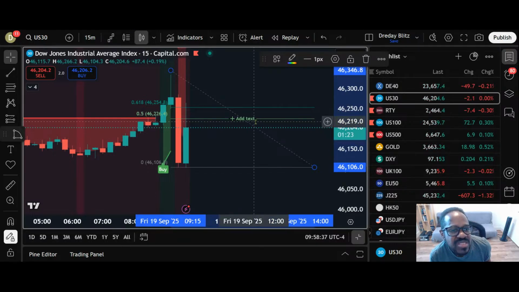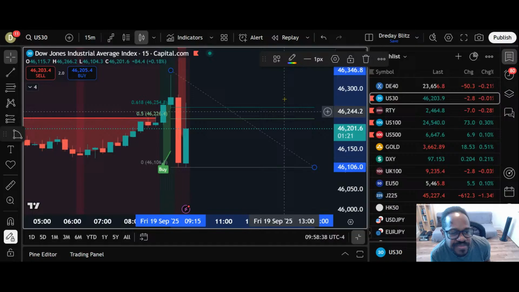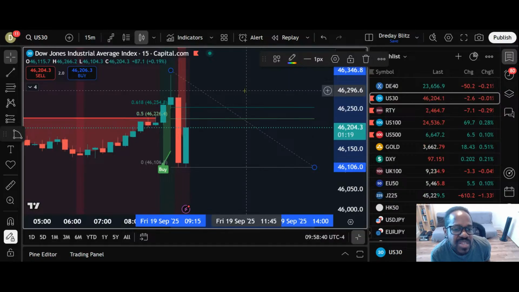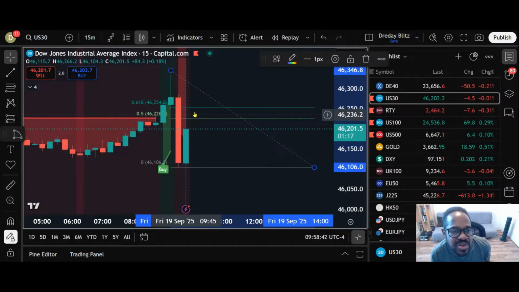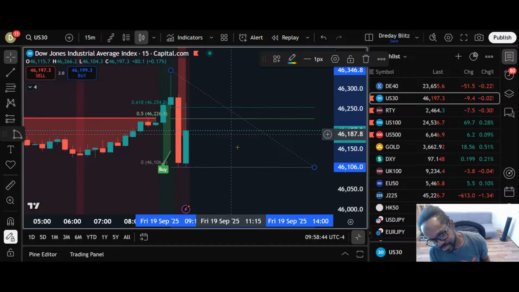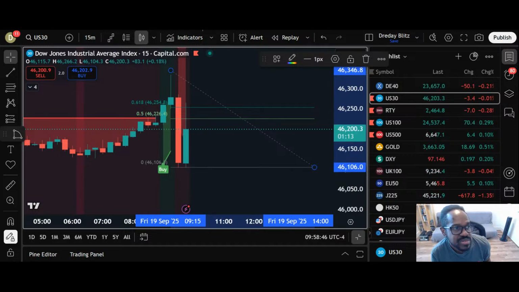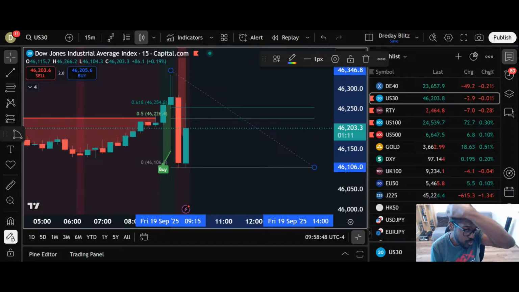So this is the swing high to swing low. And as you can see, it's struggling here to break out of that 61.8. So US30 and the Russell 2000, if you're trading New York with those indices, they're most likely moving the same way. All right.